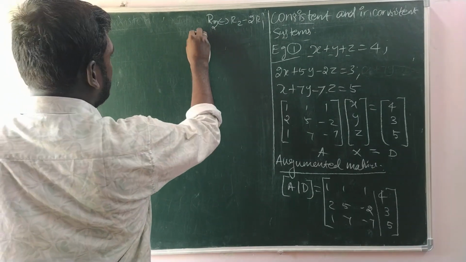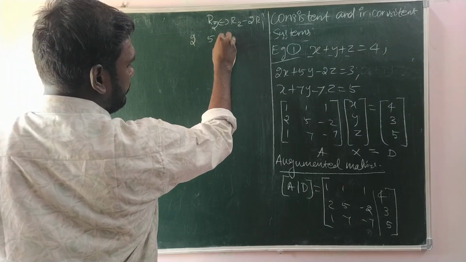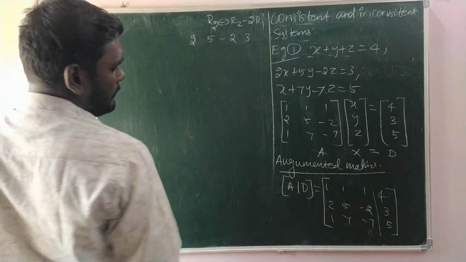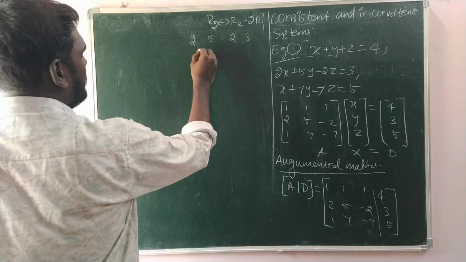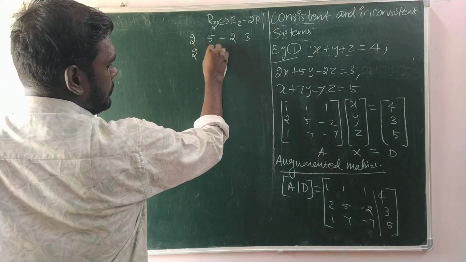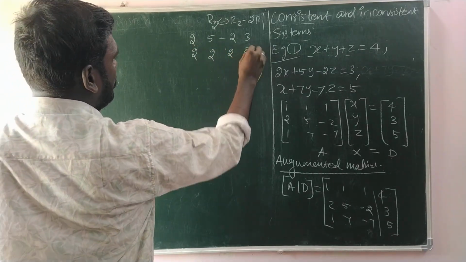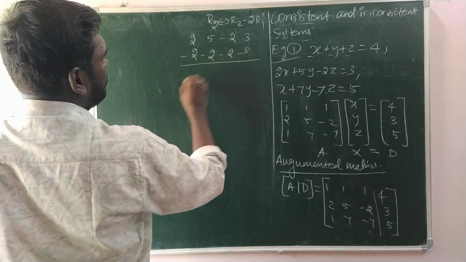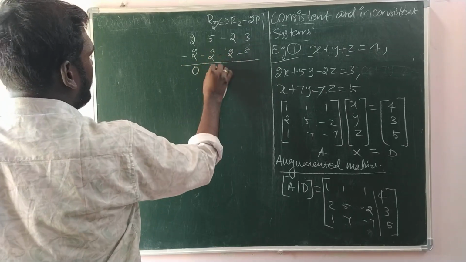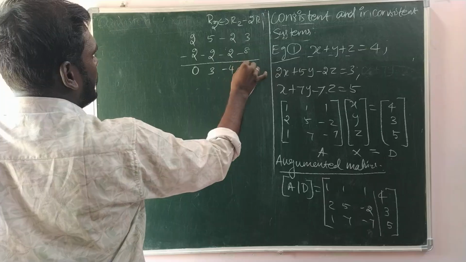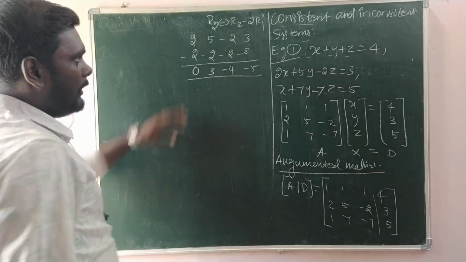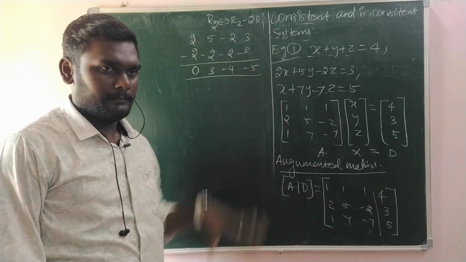So R2 is what? 2, 5, minus 2, 3. And then 2 R1. R1 should be multiplied with 2. Then 2, 2, 2, 2 4s are 8 and subtract. So we'll get 0, 3, minus 4, minus 5. See, to avoid confusion, I am writing like this separately.